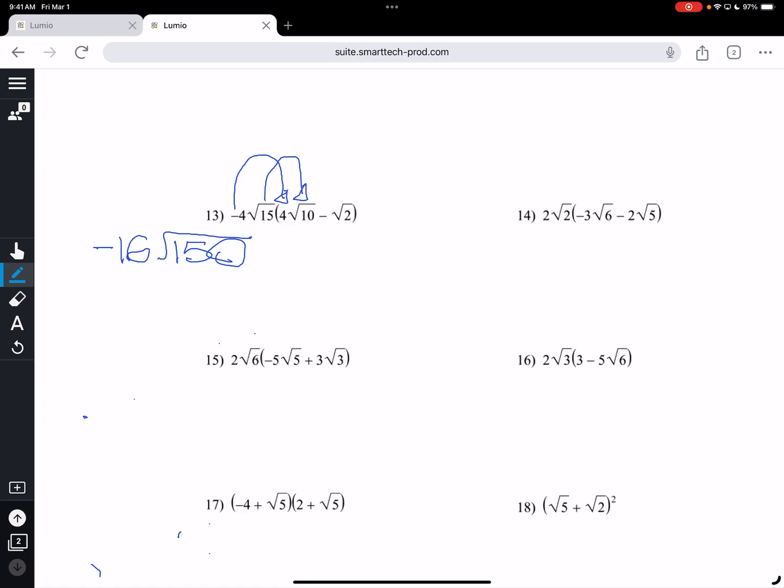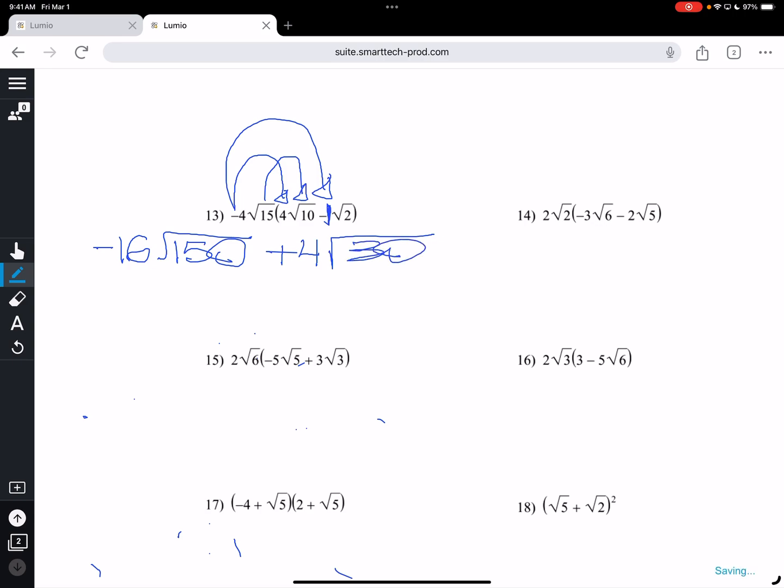But let's finish up the next part. Don't forget, you have a negative 1 out front. So negative 4 times negative 1 gives us plus 4. And then radical 15 times radical 2 is radical 30.